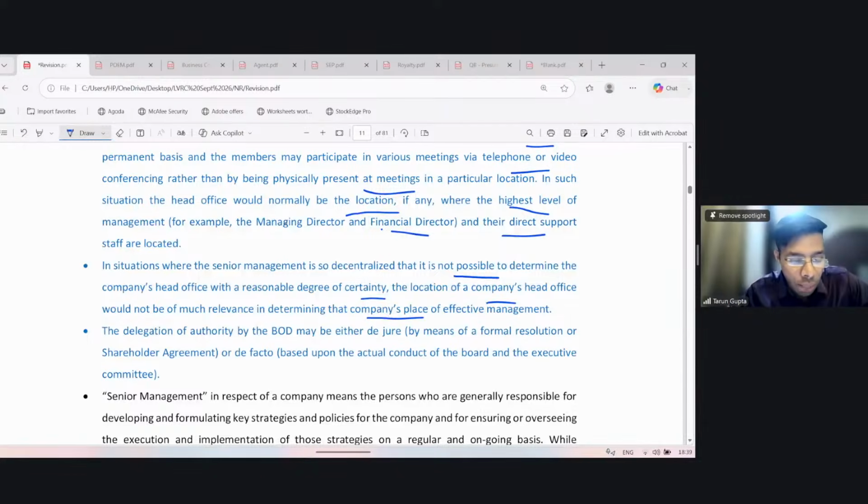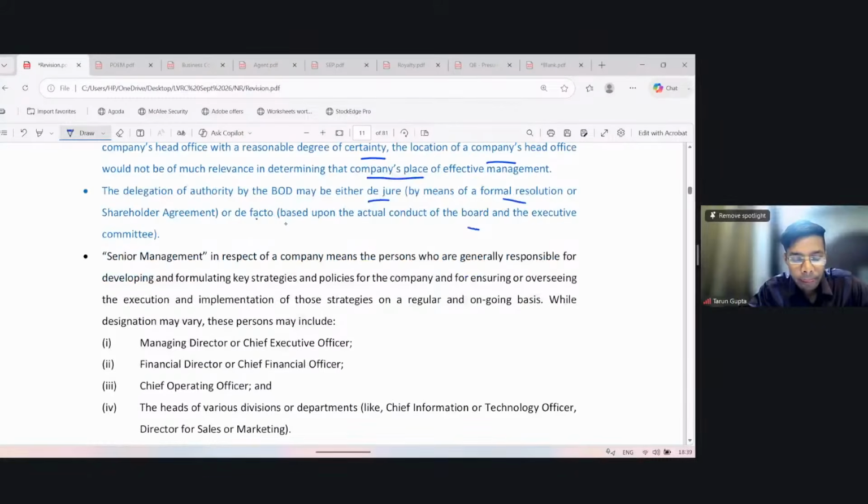The delegation of authority by the board of directors may either be de jure, that is by means of a formal resolution, or de facto, based upon actual practice, and the executive committee. Senior management of a company means persons who are generally responsible for developing and formulating key strategies and policies for the company, and for ensuring or overseeing the execution and implementation of those strategies on a regular and ongoing basis.